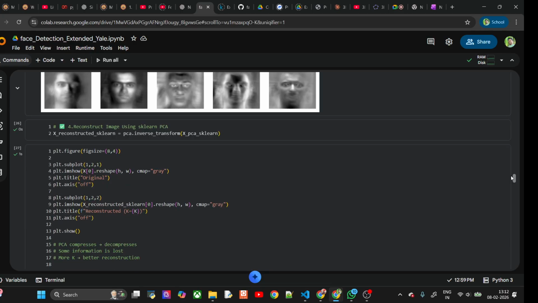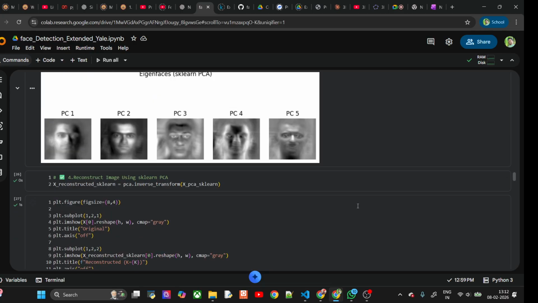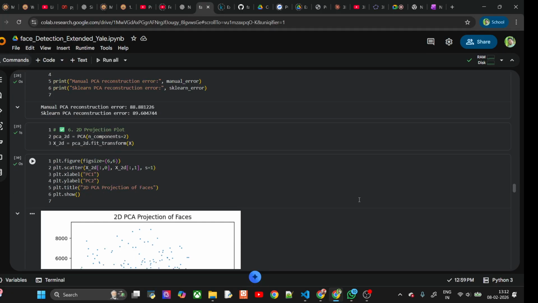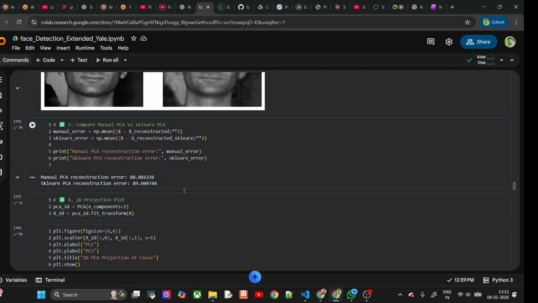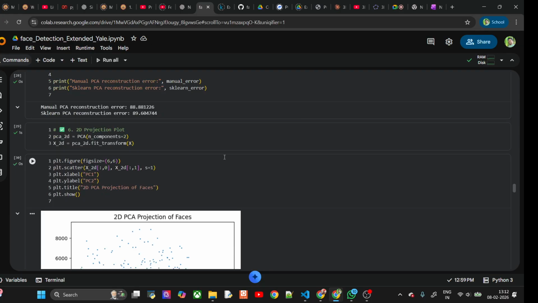This is with the scikit-learn library. In the same way it reconstructs the data in scikit-learn.